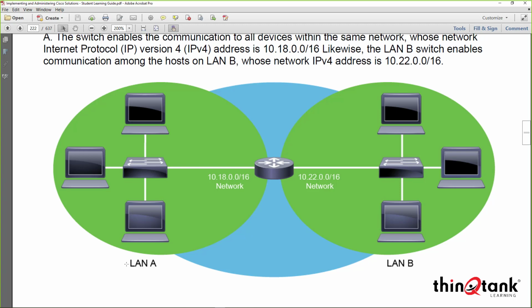Now let's say, for example, on this router I'm running OSPF and I'm running EIGRP and I have some BGP running and I've got some static routes and I've got some connected routes. How many routing tables do I have? 1. Okay? The router's only going to have 1 routing table.